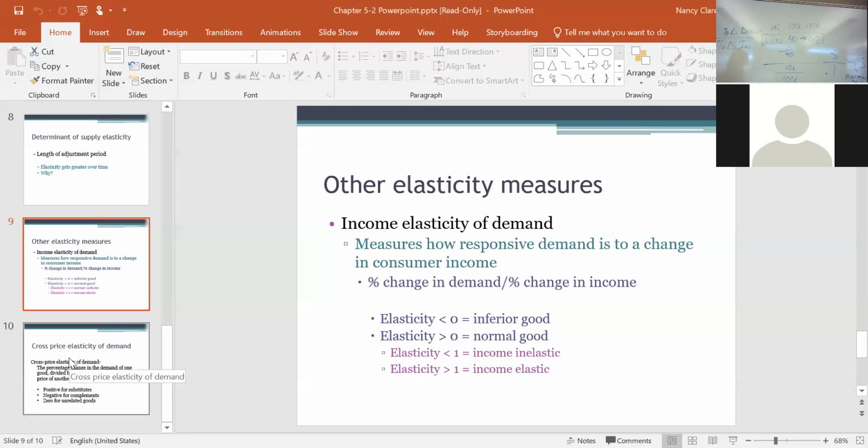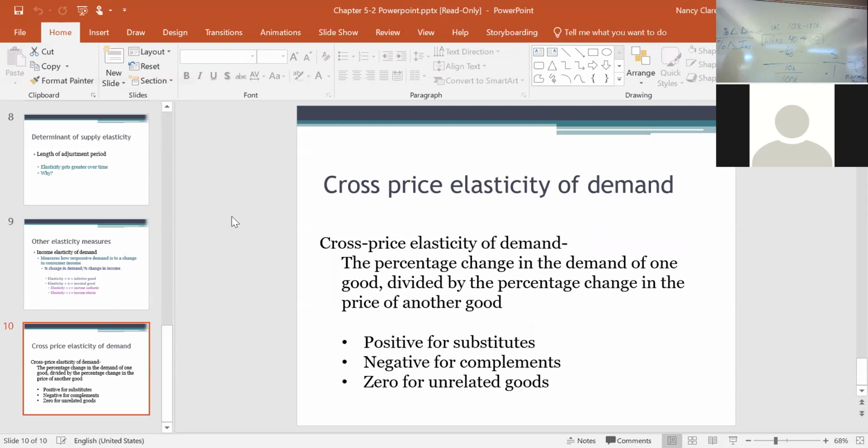And then the last measure is something we call cross-price elasticity of demand. This is a calculation that would help you determine or confirm a relationship between two goods in terms of, are they substitutes, are they complements?